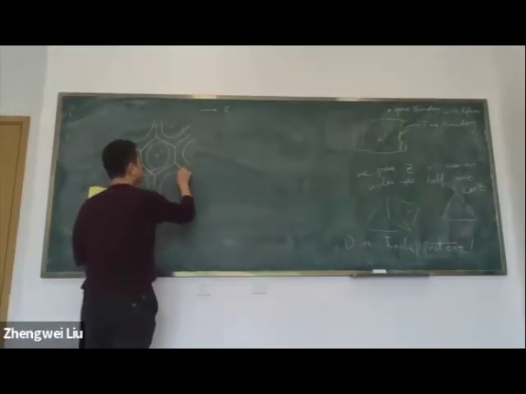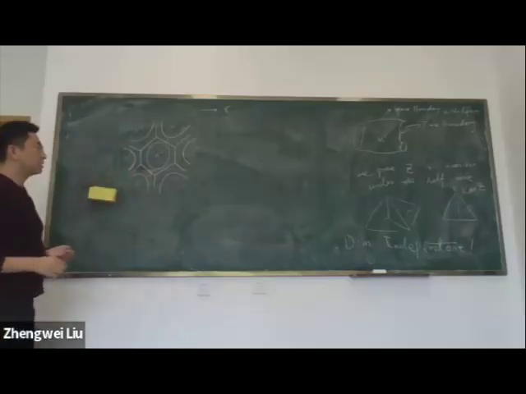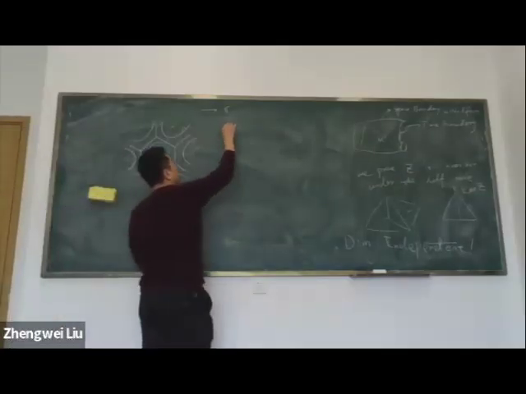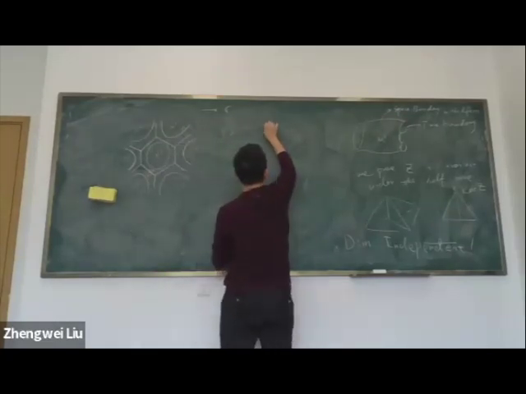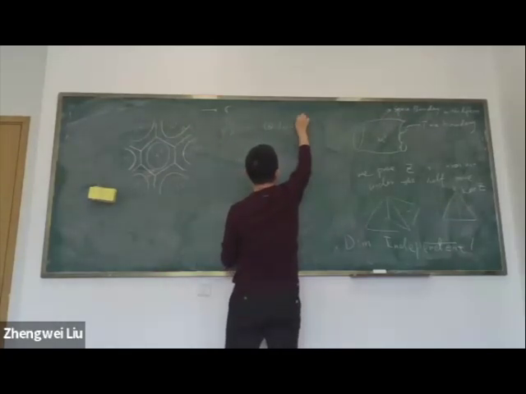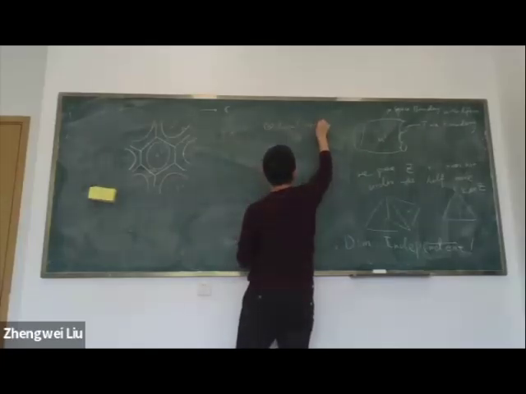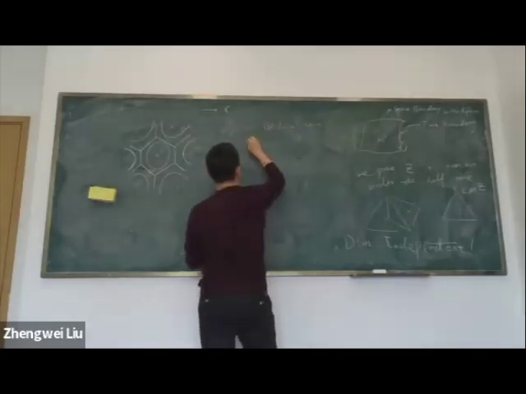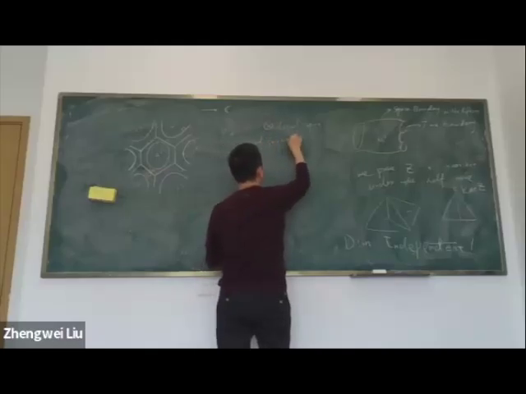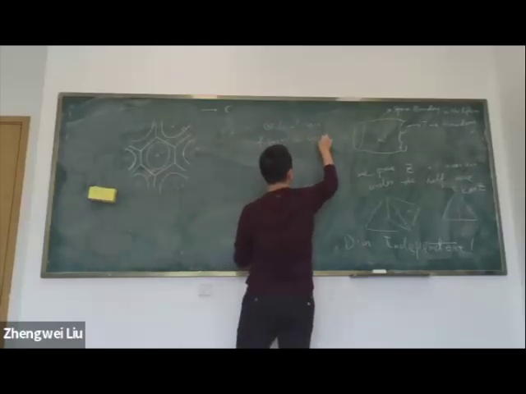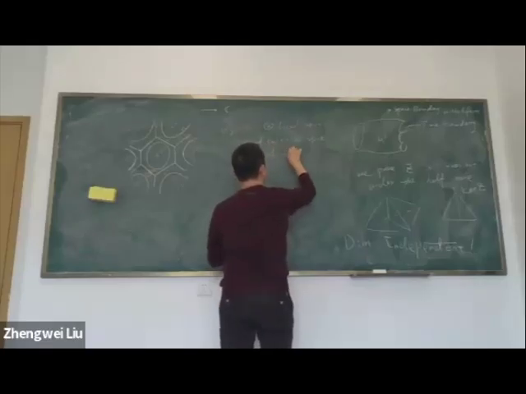Those pink lines will be the boundary condition. And this vector space is the tensor product of the local spaces. And that's the original configuration space of the lattice model.